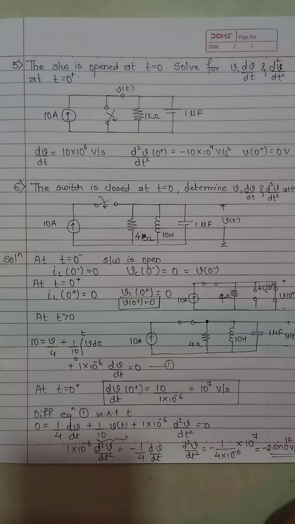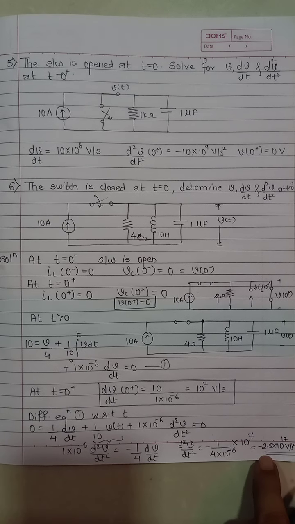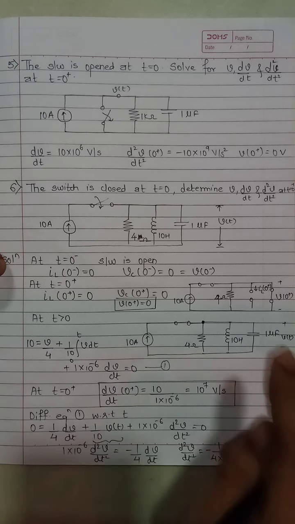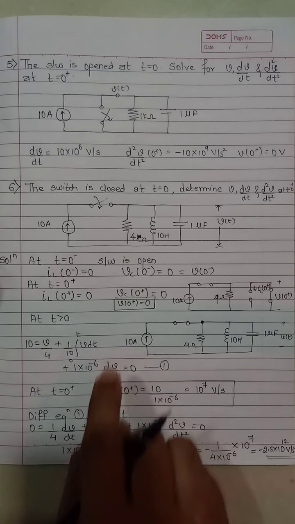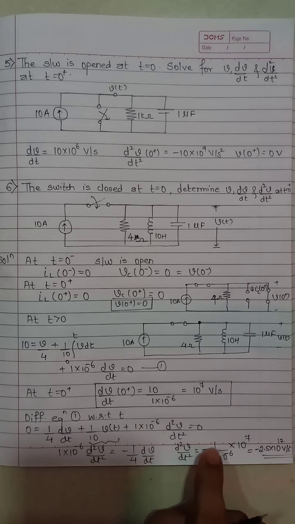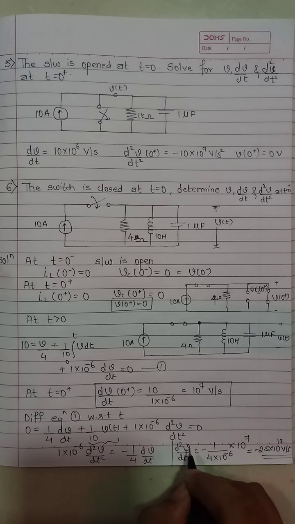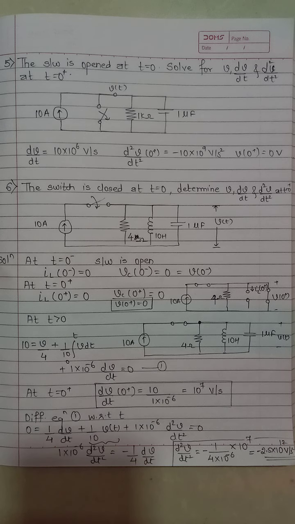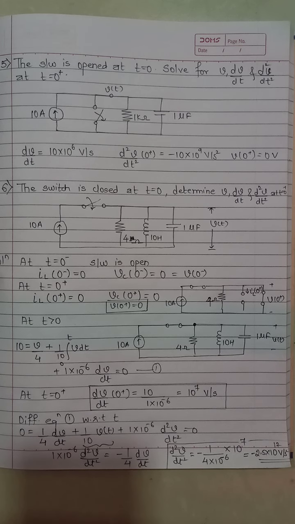So we have solved the problem. So we have found v, we have found dv by dt, and we have found d square v by dt square at t is equal to 0 plus. So this is how you need to solve the problem.